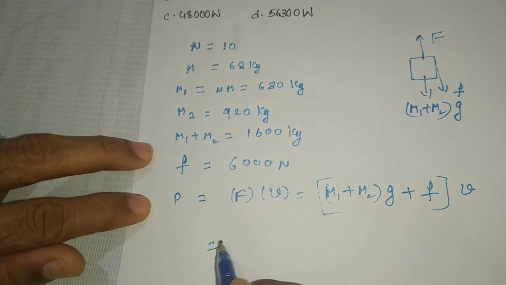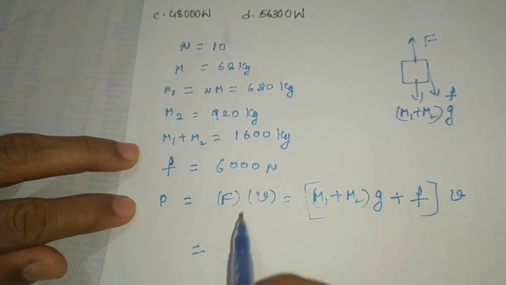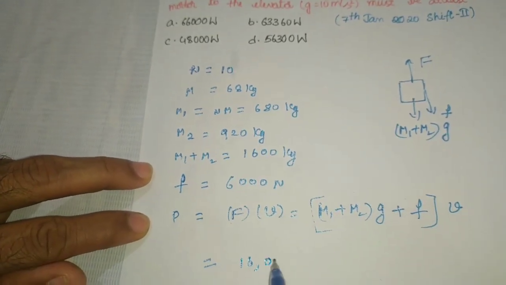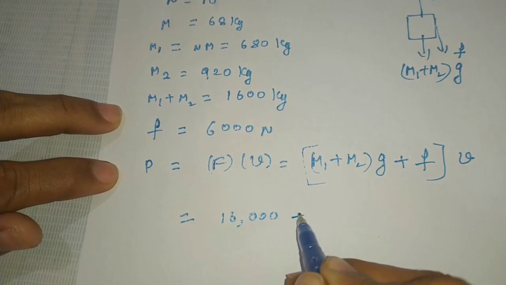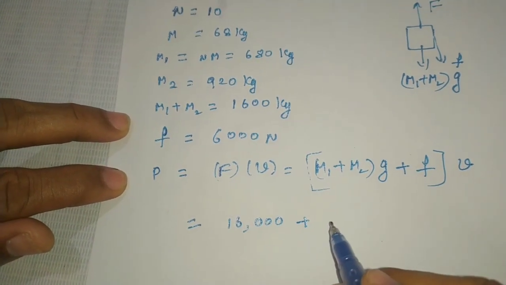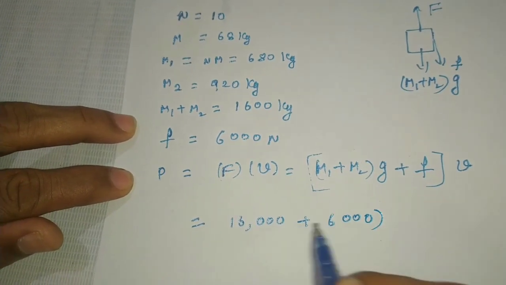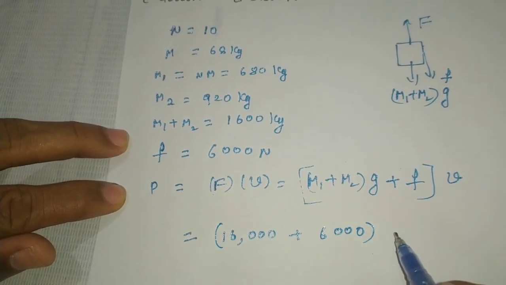So m1 plus m2 is equal to 1600 kg into g equal to 10, that is 16,000 newtons, plus friction 6000 newtons, into velocity.